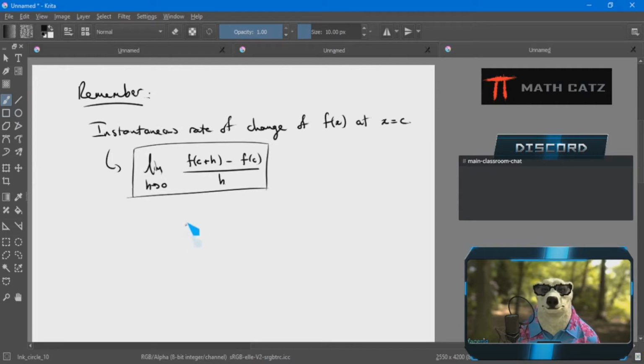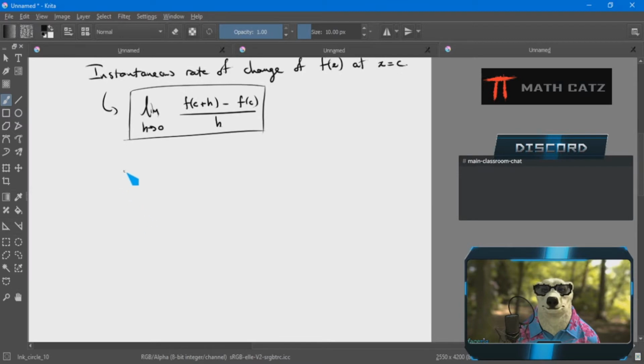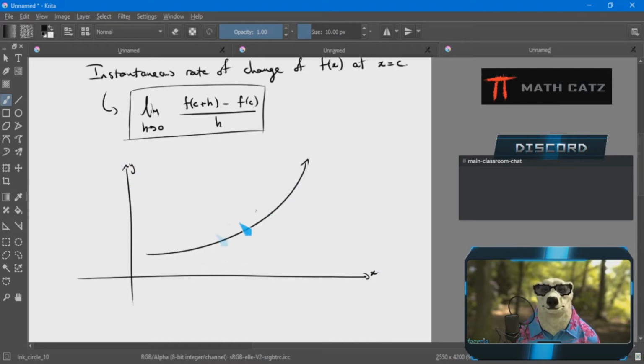Now, where this came from, very roughly, is we have the graph of our function. Let's draw it like that. This is y equals f of x. And let's suppose our point here is c.